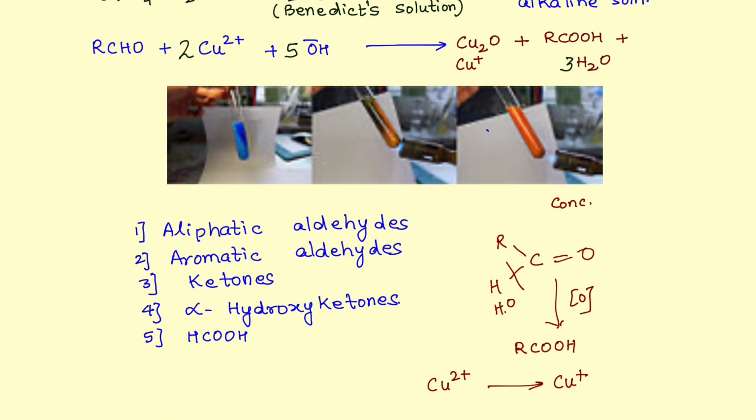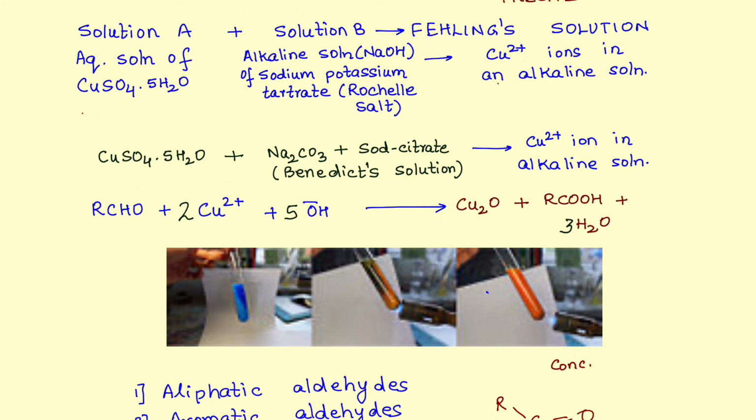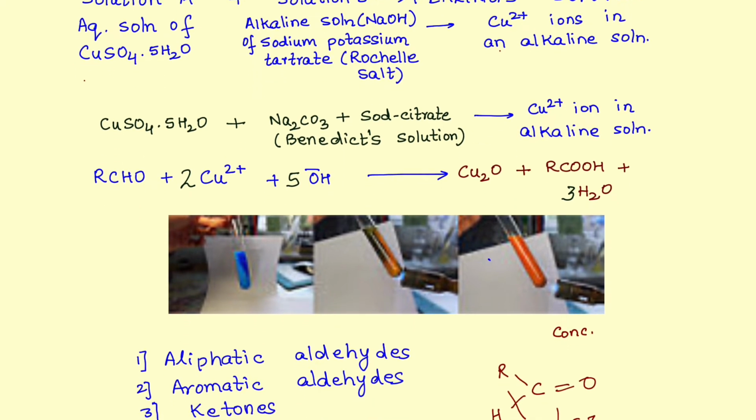For Benedict solution, the reaction is exactly the same, so you actually don't need to worry much about it. The only thing is, instead of the tartrate ions in the solution, the complex is with citrate ions.